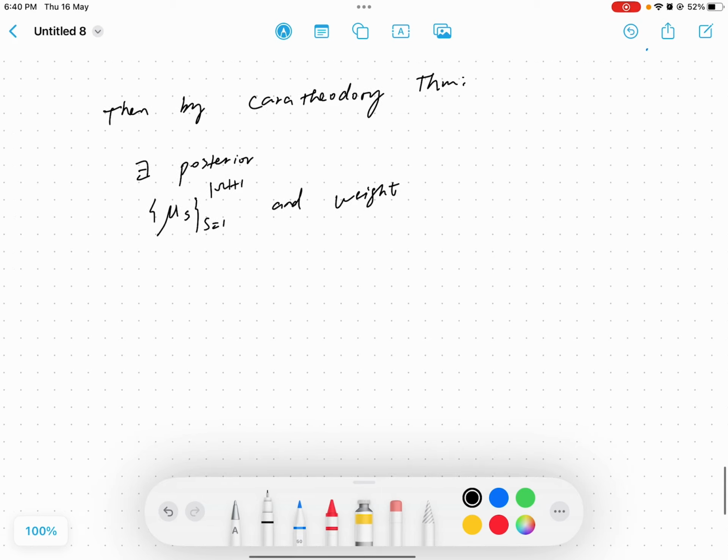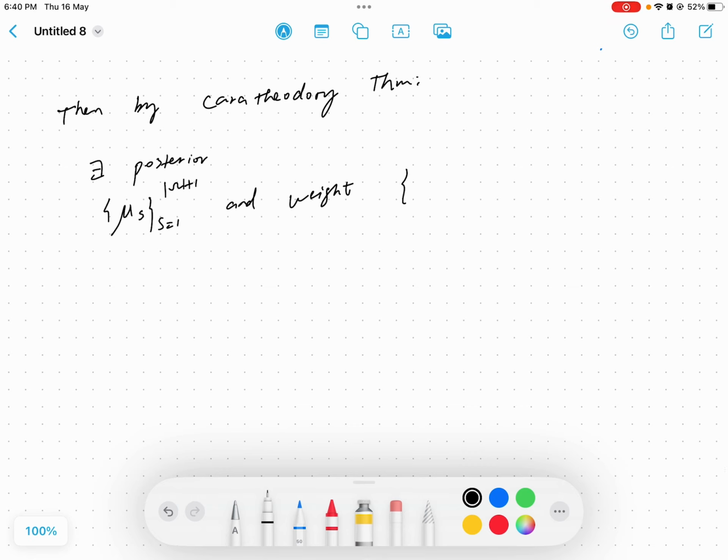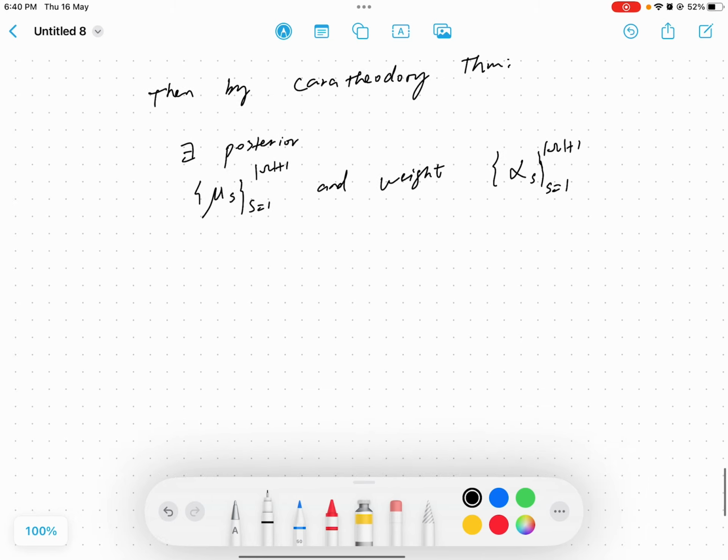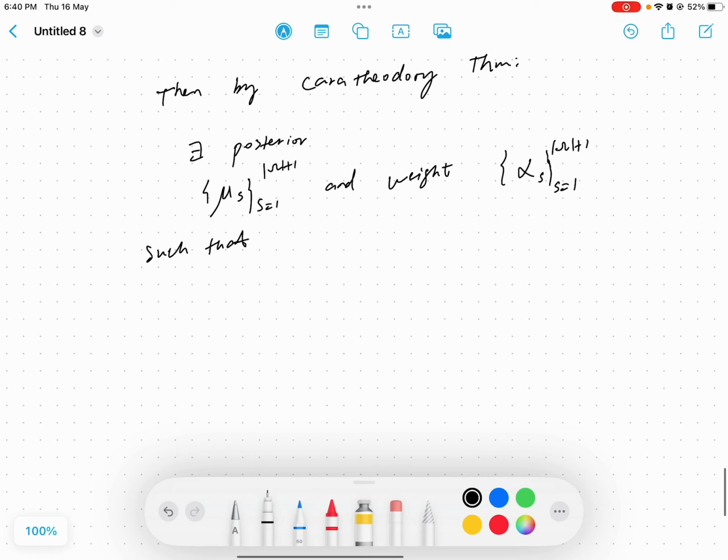Of course, we'll construct some convex combinations, so we use alpha S, S from 1 up to omega plus 1, such that, by directly implementing the Caratheodory theorem, mu naught V star equals the summation of alpha S V hat mu S.